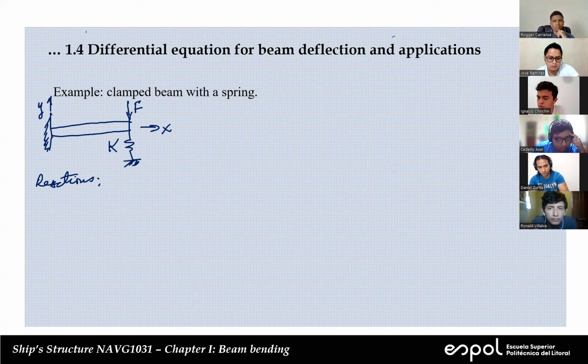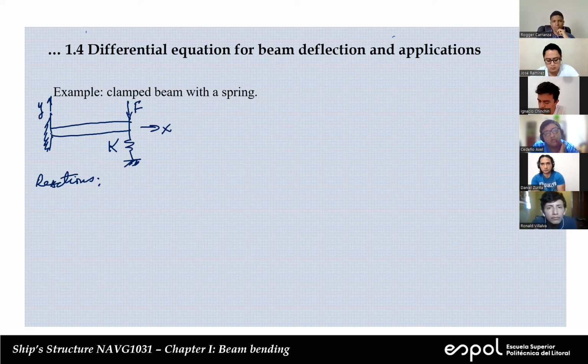Determinate. Okay, how many reactions do you have? 5. But if you have 5, that would be indeterminate. Come on. Mr. Fuertes, how many reactions do we need to determine in this case?